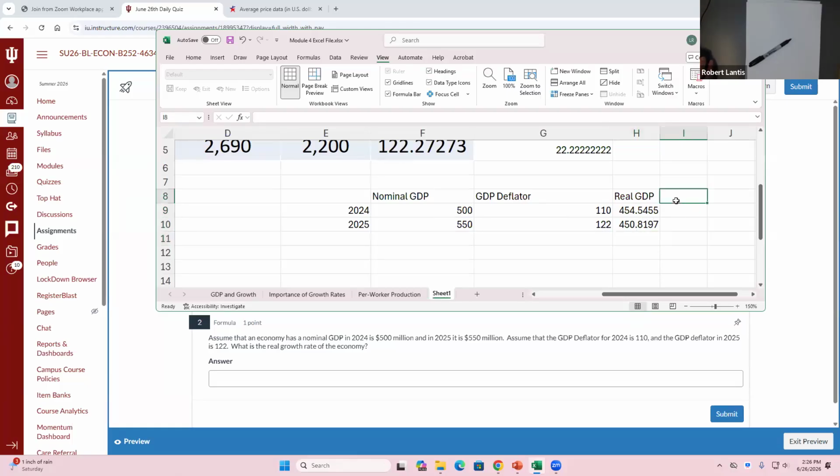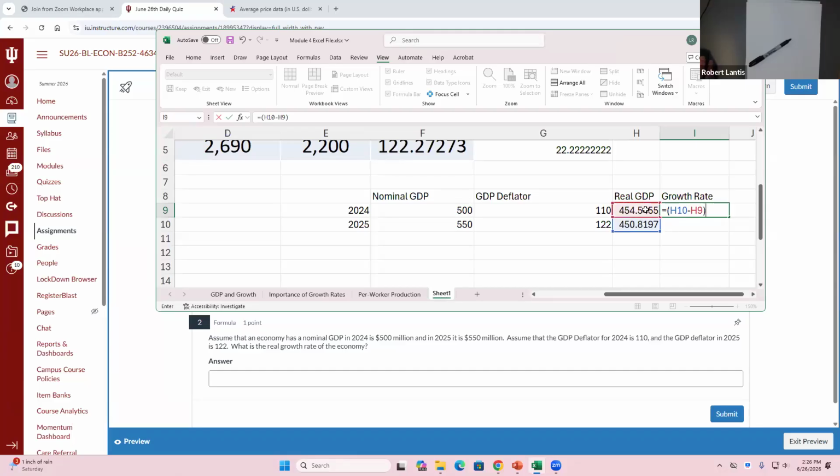Okay. If I then wanted to calculate my growth rate, the equation I had in the previous slide was growth rate as a percentage. This problem, I'm just asking for the growth rate. It's not asking for it in percentage form. So we're just going to calculate this without multiplying it by 100. So how do we find a growth rate? It's the change in my output, or real GDP.